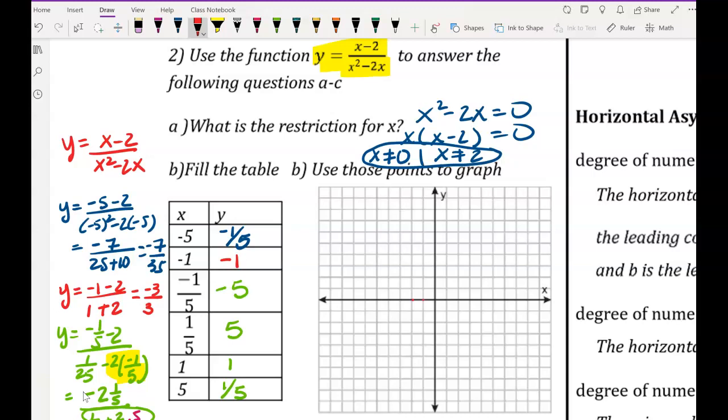So -5, go down -1/5. -1 is -1. -1/5, it's going to be 2, 4, 5. It's right here, so make that left curve. And then do the right curve. 1/5, 2, 4, 5. 1 is 1, 2, 4, 5. Go up 1/5. Right curve.